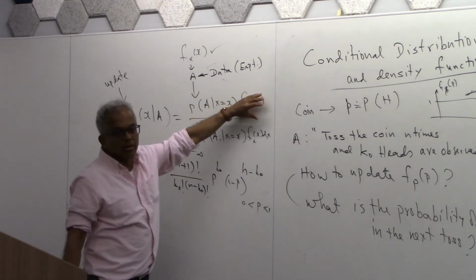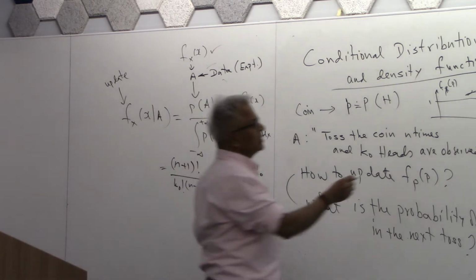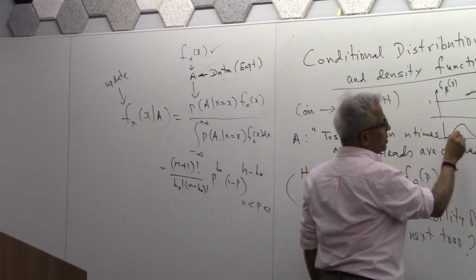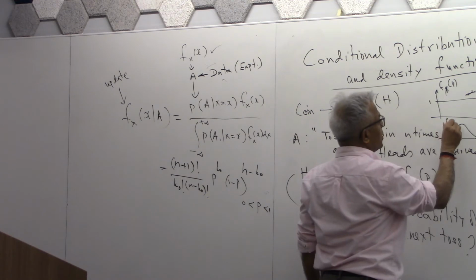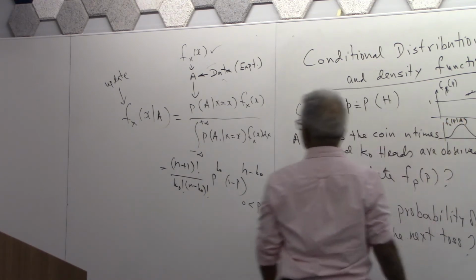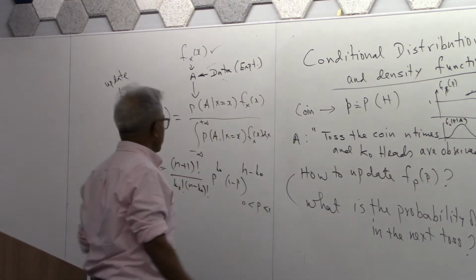This is 1. So if you draw that below this, it's going to look like something like, that means these values are now more likely. So this is the updated one with the data. This is also a beta distribution.